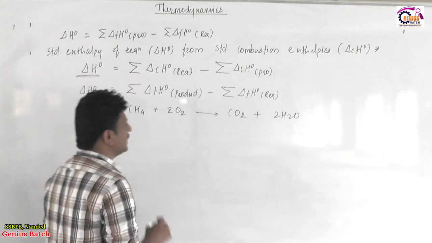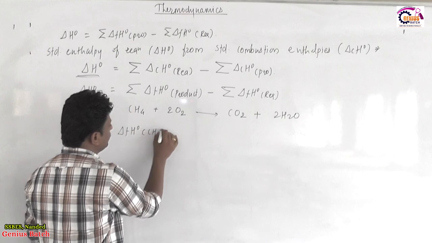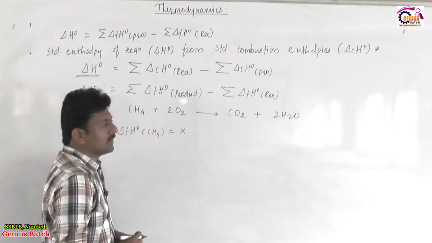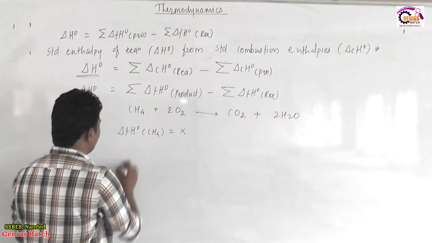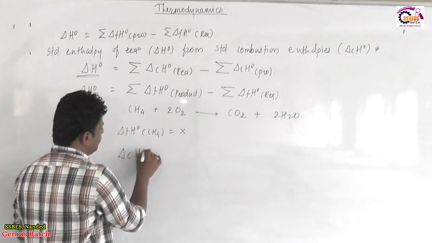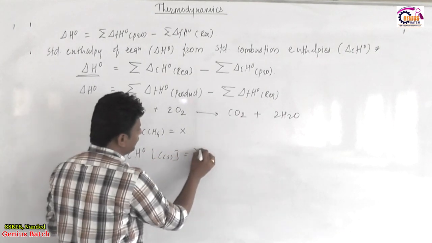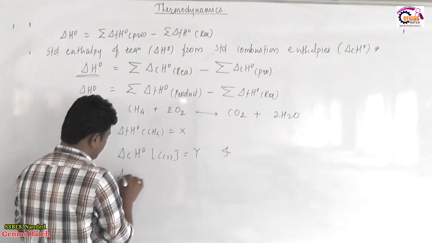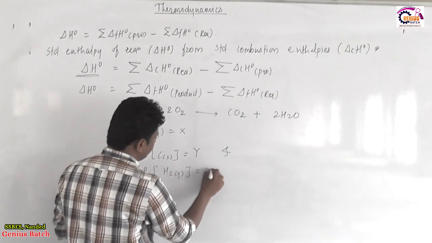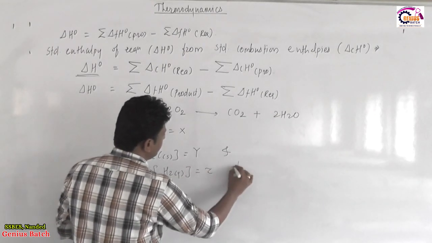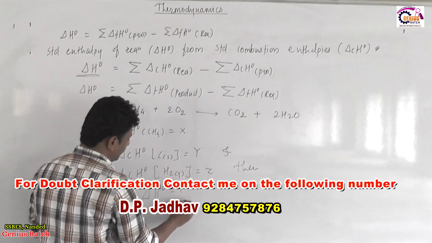And for this particular reaction it is given that delta FH0 of methane is equal to X. मिथेनचं फॉर्मेशन एन्थाल्पी दिलेला आहे जो X आहे. पुन्हा हे प्रोव्हाइड केलेलं आहे कंबशन एन्थाल्पी ऑफ कार्बन सॉलिड is Y and combustion enthalpy of hydrogen gas is Z. Then what is the standard enthalpy change for the reaction?